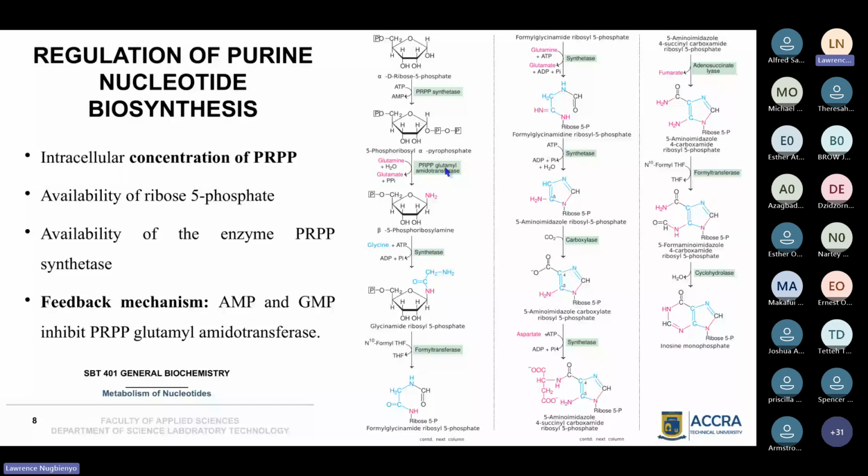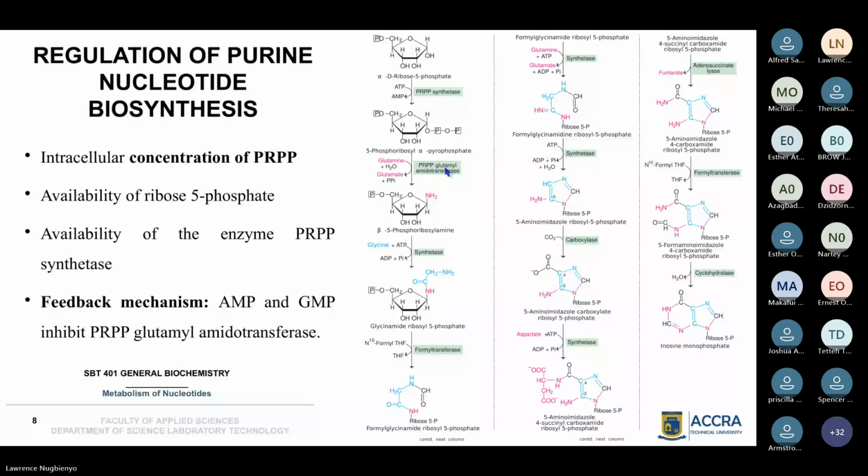Now, other factors are involved in what we refer to as feedback mechanism, which we have seen much earlier. We saw feedback mechanism where products of a reaction now serve as regulators to enzymes in the process.